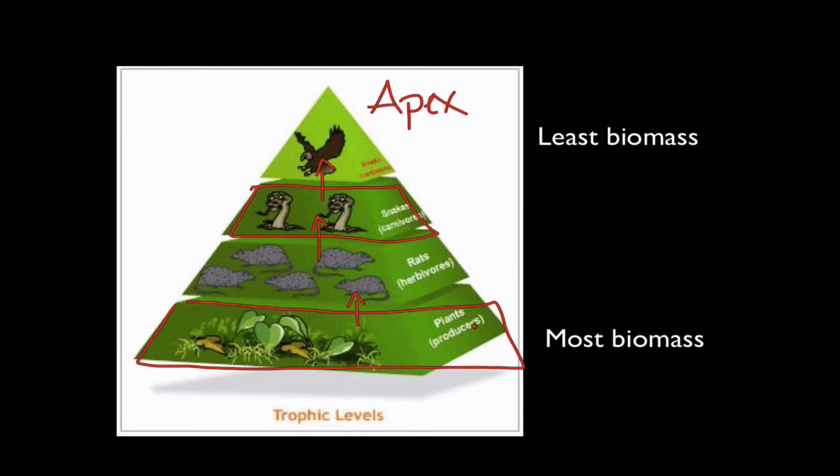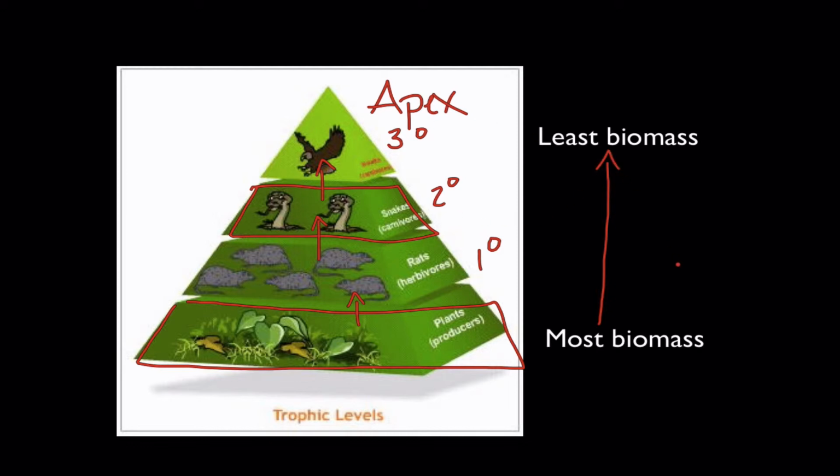So you've got the producers, the primary consumers, the secondary consumers, and the tertiary consumers in this particular trophic level pyramid. What you should notice is the classic pyramid shape is used because the biomass is decreasing as you go up. You start with the most biomass at the bottom, and by the time you get to the top, it gets very, very small.